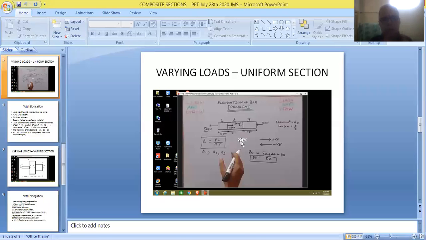So positive symbol for DL1, negative symbol for DL2, negative symbol for DL3. So first one subjected to tension, so allocate positive symbol. Second component subjected to compression, allocate negative symbol. Third component also subjected to compression, take negative symbol.